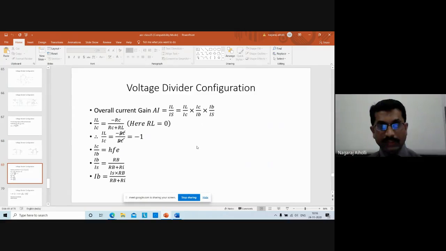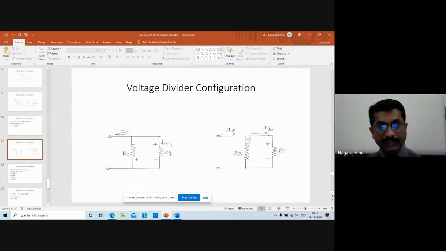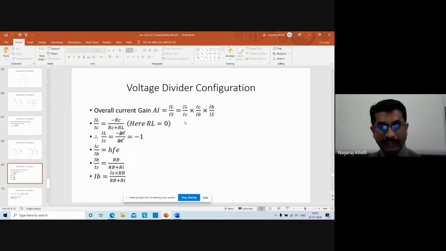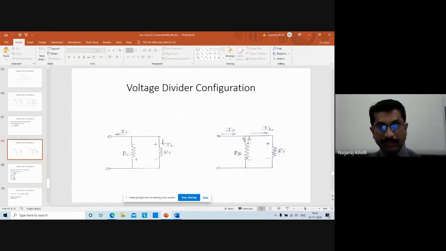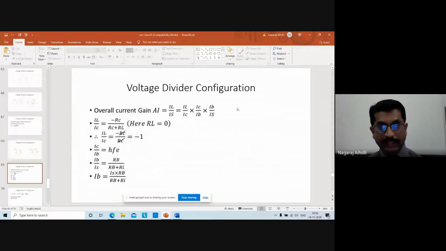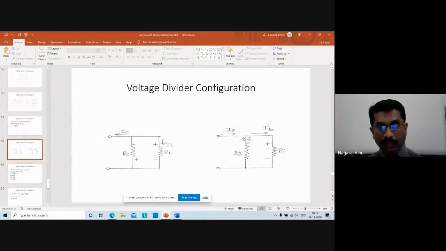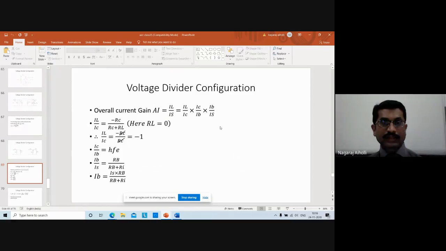This is equal to IL by IC, into IC by IB, into IB upon IS. Therefore, the current gain AI is equal to IL by IC into IC by IB into IB by IS. Now, what is IL by IC? That we have to find out.